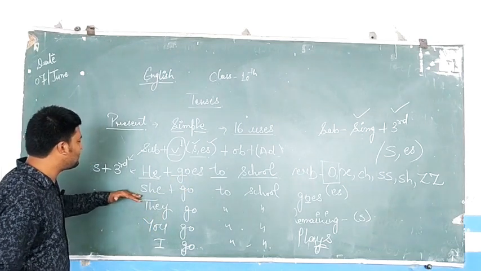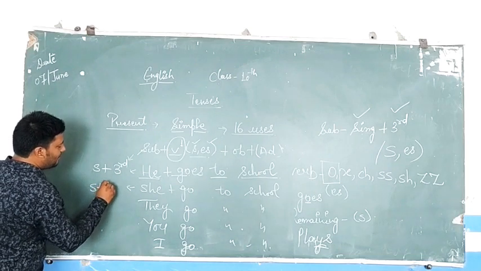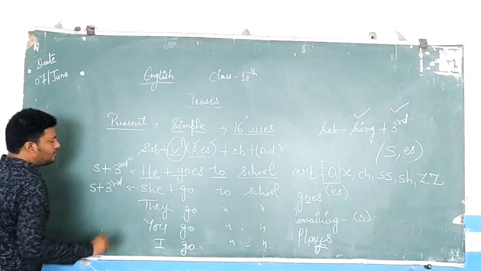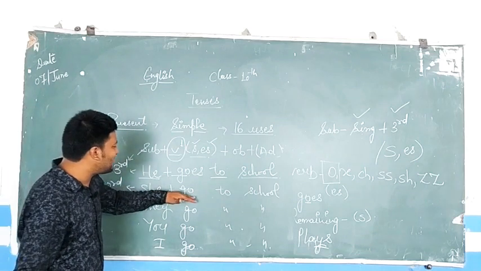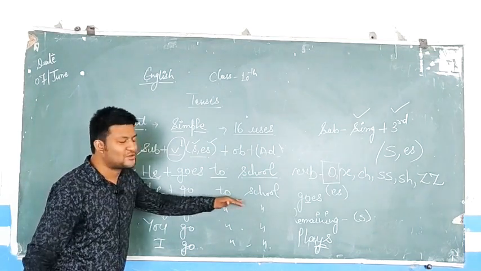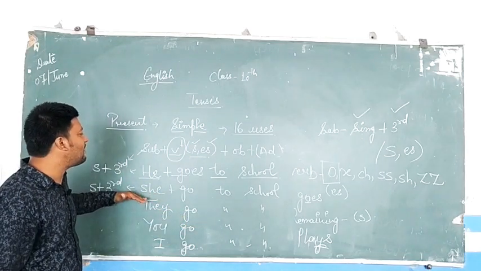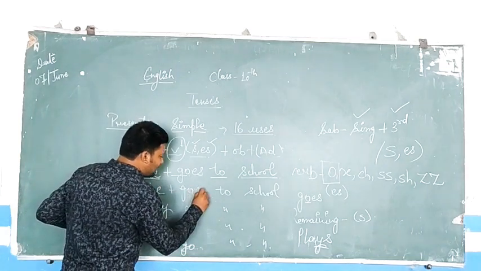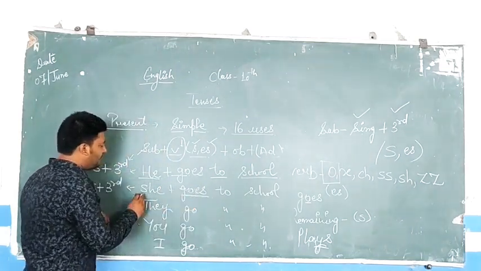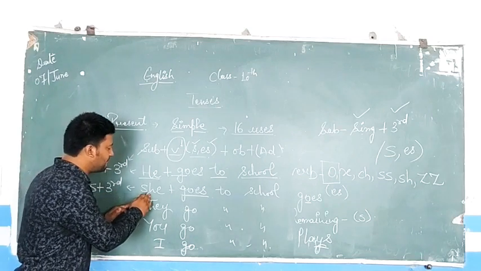Same conditions apply in sentence number 2, it is singular as well as third person. If I write here she go to school, then grammatically this sentence will be wrong, because es must be put with the condition of singular and third person subject.